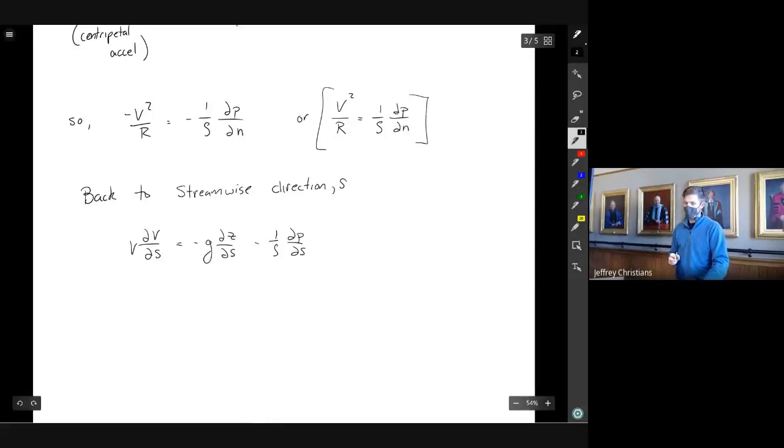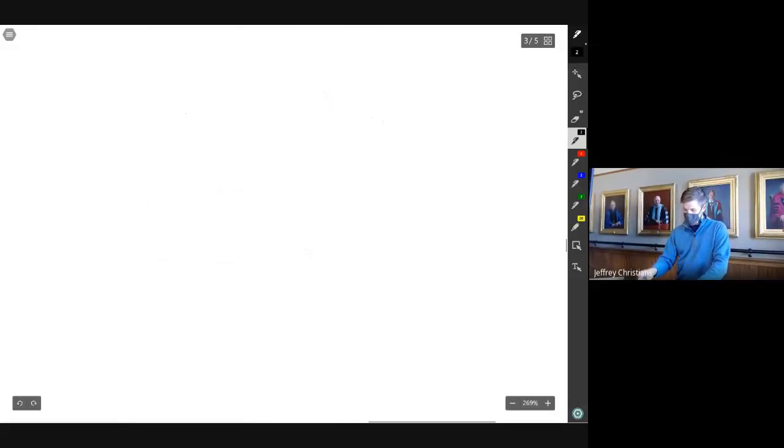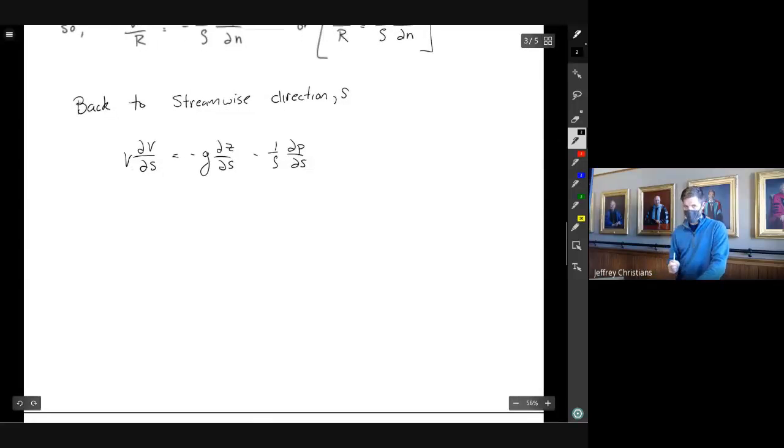So if we don't neglect gravity, sometimes we can't neglect gravity, we can rearrange this.